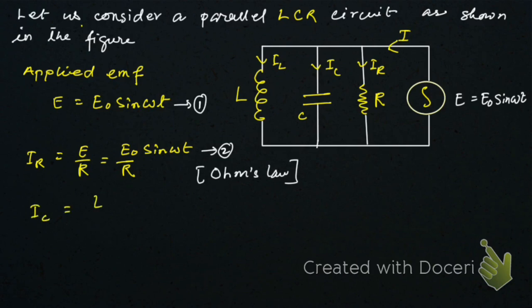That will be E naught by the capacitive reactance XC, sine omega t plus pi by 2, because we have already studied the AC circuit with capacitor only, where we found that in case of capacitive reactance, the current leads the EMF by pi by 2.